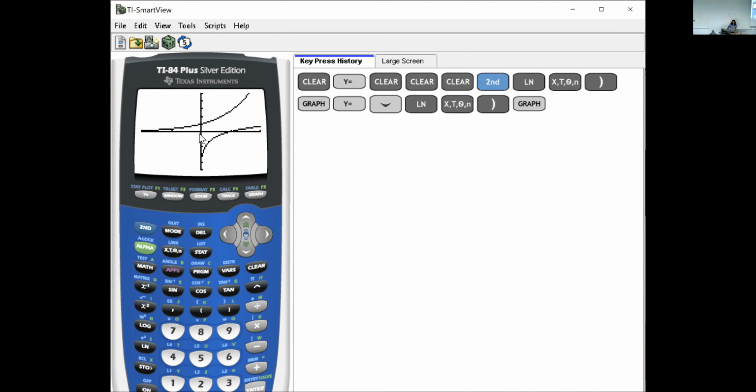I plug in 0 in an exponential, I get 1. Which means when I plug in 1 in the inverse, I need to go back to 0. Nolan's initial guess was x minus 1, but x minus 1 is a line. The inverse of a line is a line.